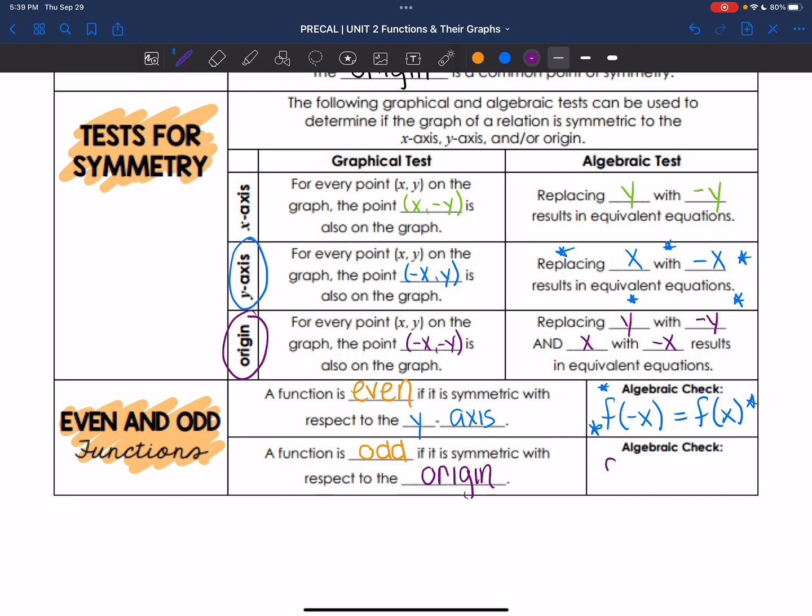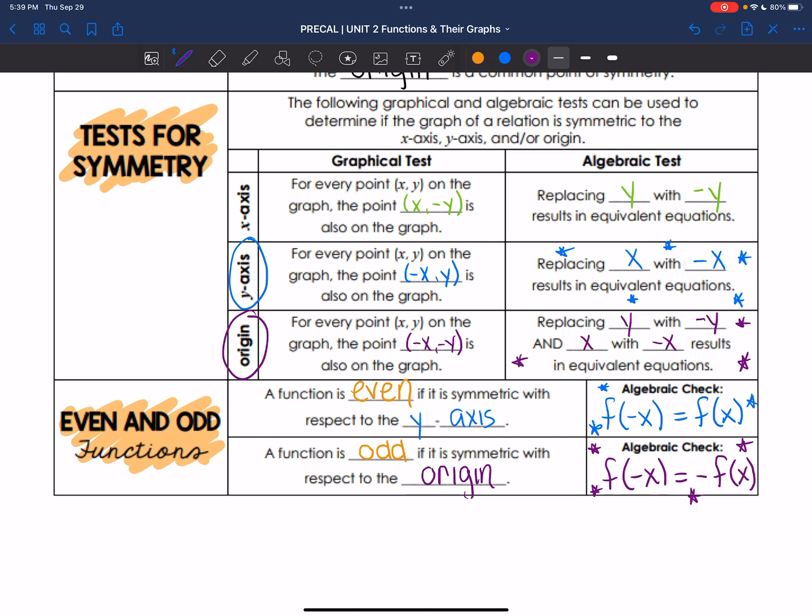Well, if you take f of the opposite of x, you should get the opposite result of your function, meaning the output will be opposite. And there you have it. That is what we saw above.